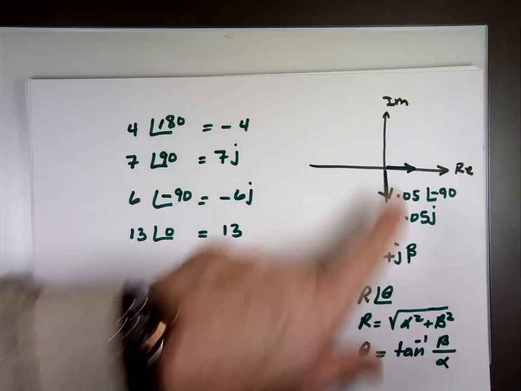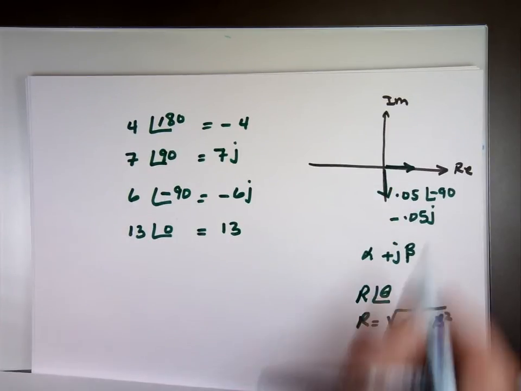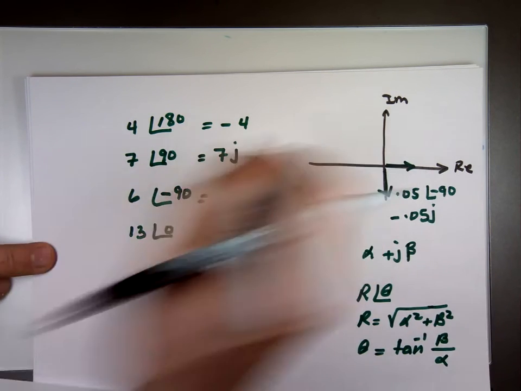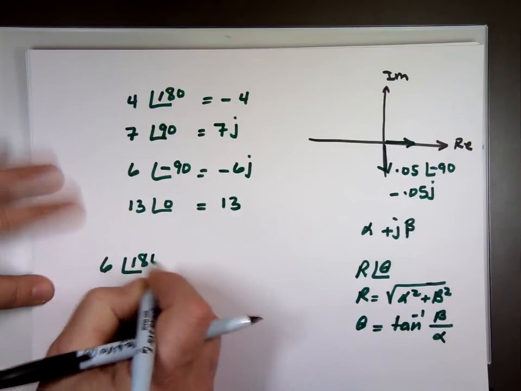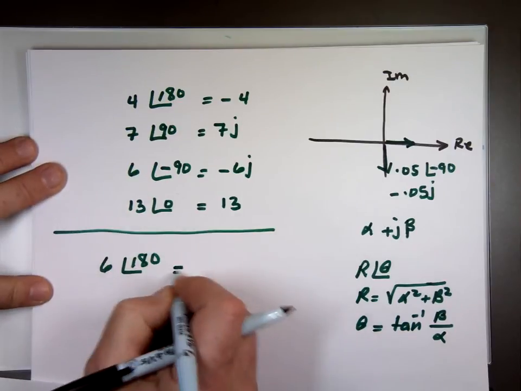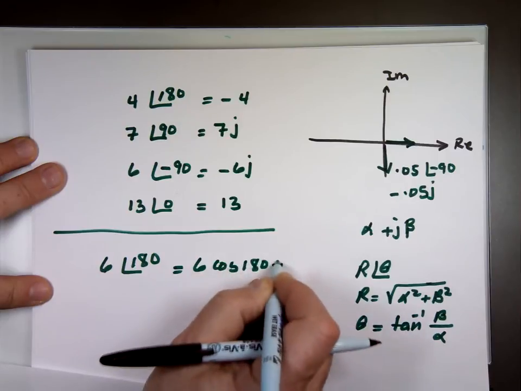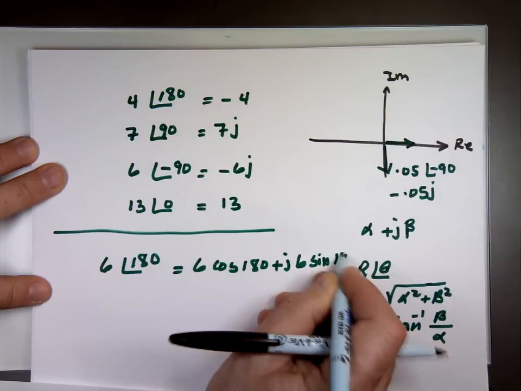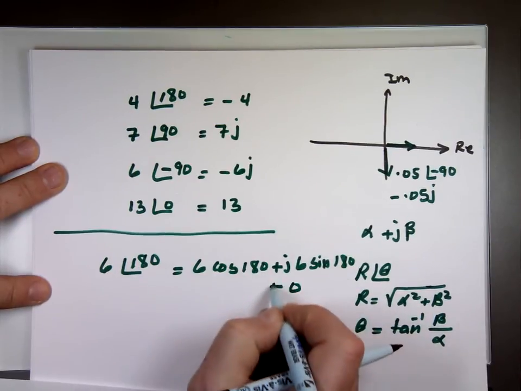So when I have a value like 6 angle 180, if you want to change it to rectangular, 6 cosine 180 plus j 6 sine 180. What is sine 180? 0. So that says 0. What's cosine 180?